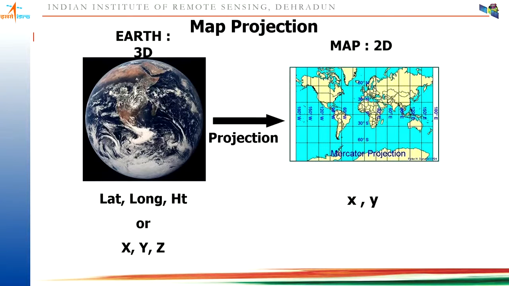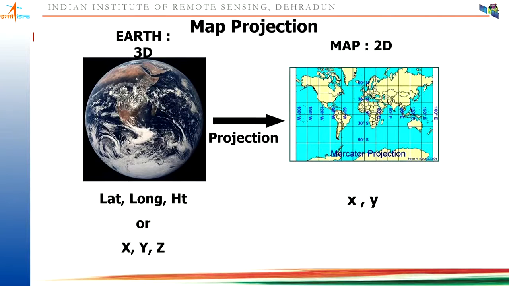The map will be two-dimensional, meaning there will be only two things, x and y, maybe latitude or longitude. But in three dimensions there are three things: latitude, longitude, and height, or x, y, z. When we do the projection, we will have only x and y. So we will now discuss map projection.